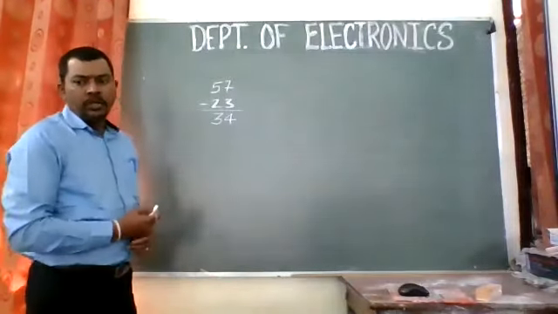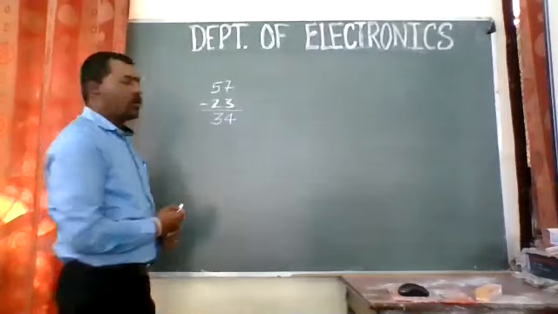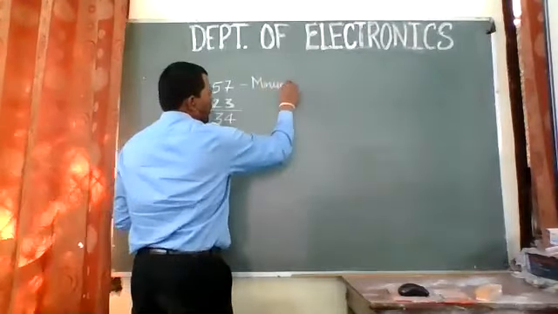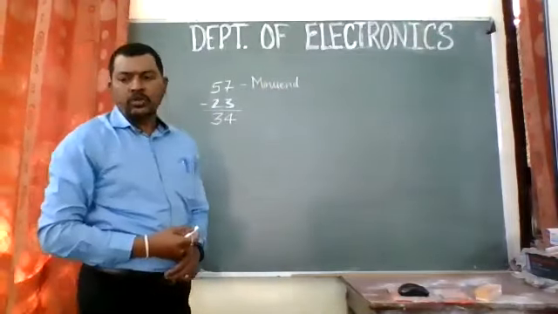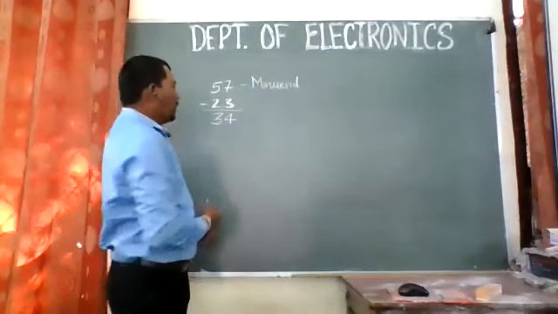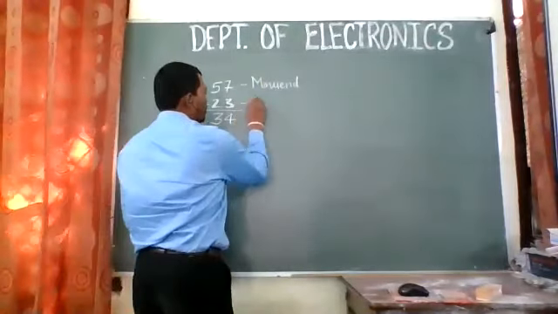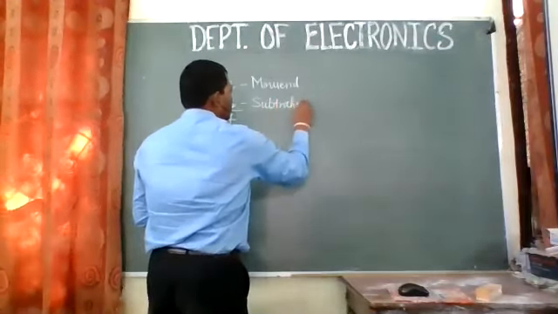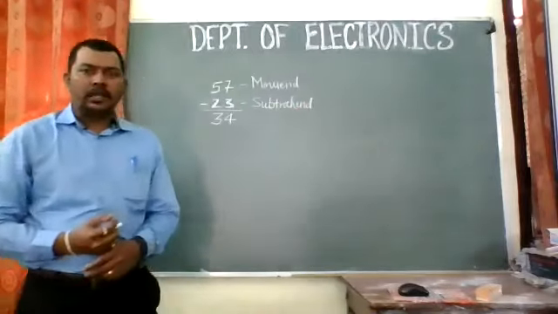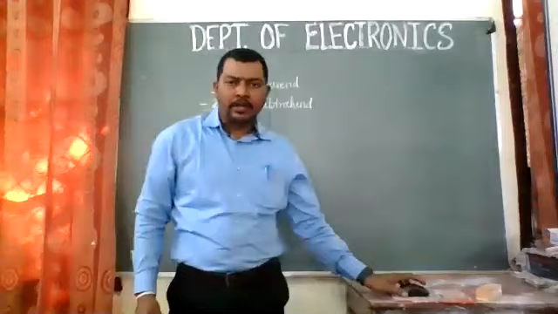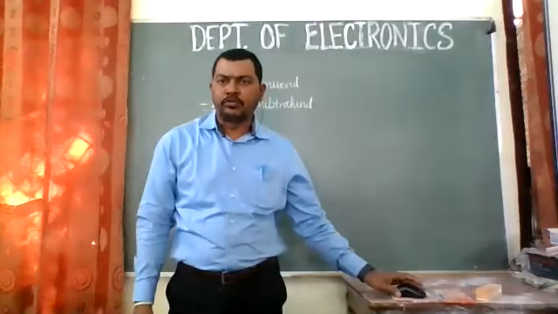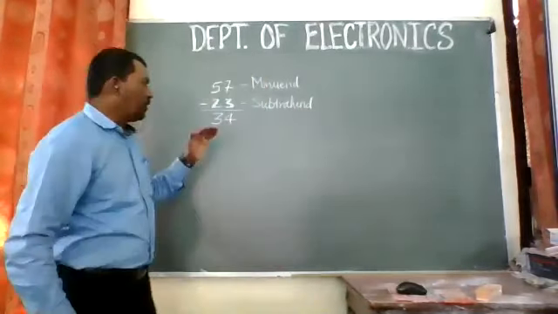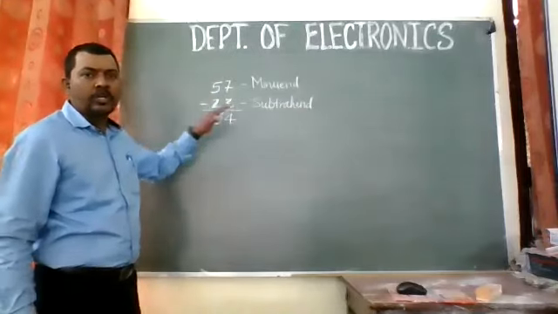Now, we have studied that the first number, from which we need to subtract, is called the minuend, while the other one, which is to be subtracted from the minuend, is called the subtrahend.